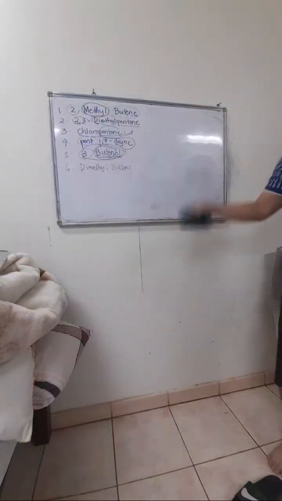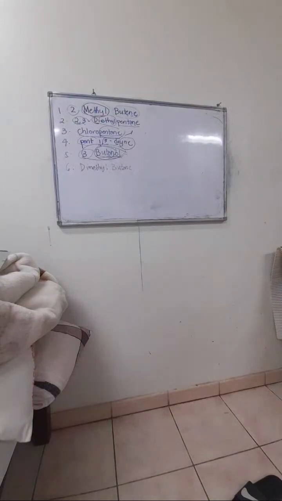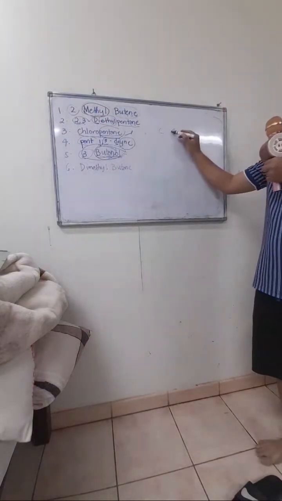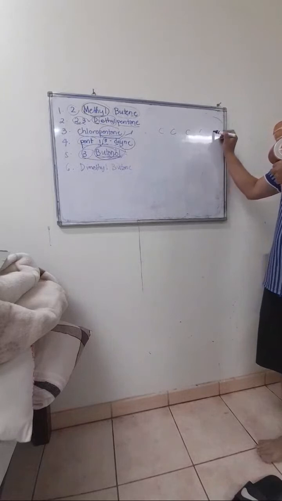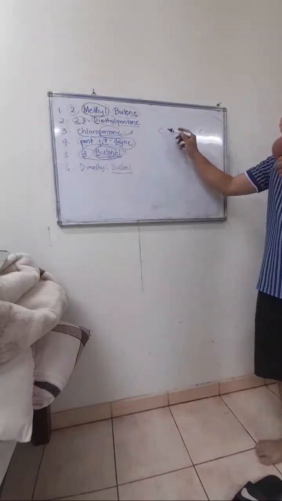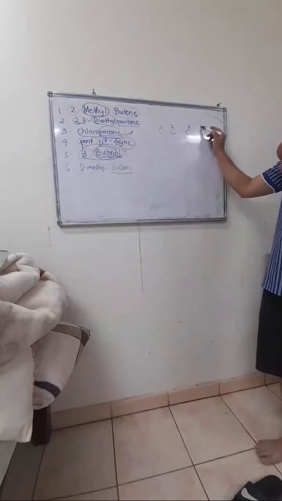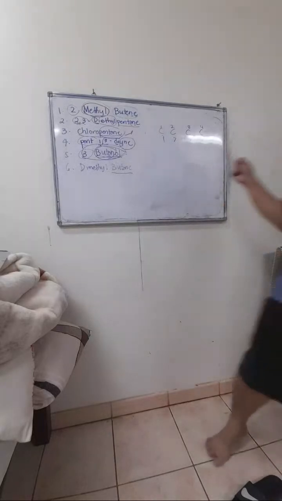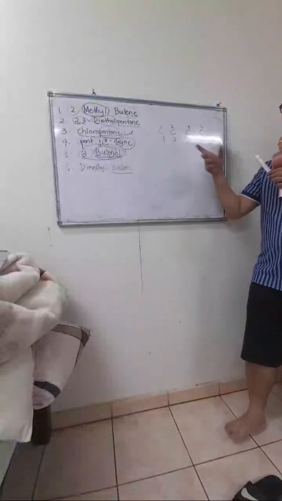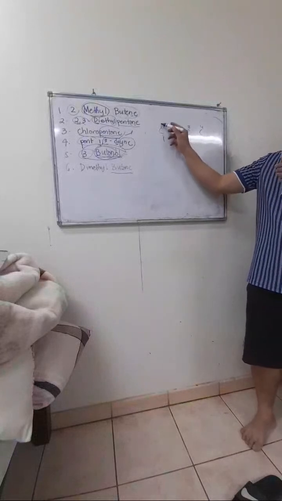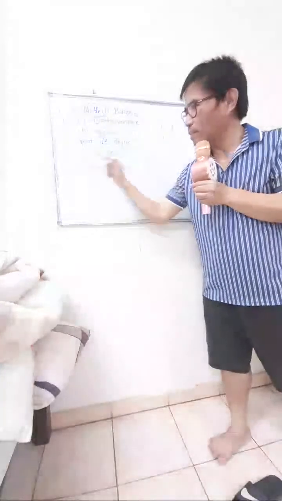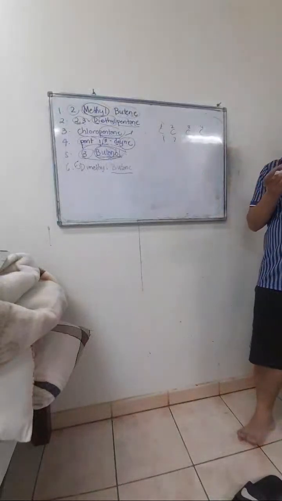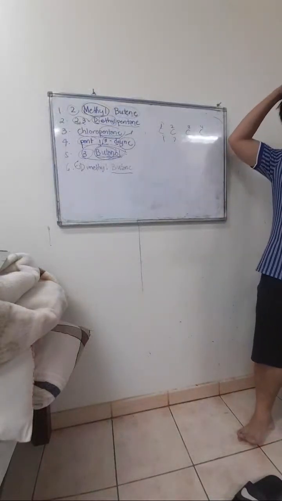Dimethylbutane. So 1, 2, 3, 4, because this is butane, only 4 carbon atoms. So 1, 2, 3, 4, 4, 3, 2, 1. I said a while ago, I don't really have to be concerned with the number, because we said there's no number here, so it could be put in carbon number 1. Now, if you put all the methyls in carbon number 1, then it will not be dimethyl anymore.